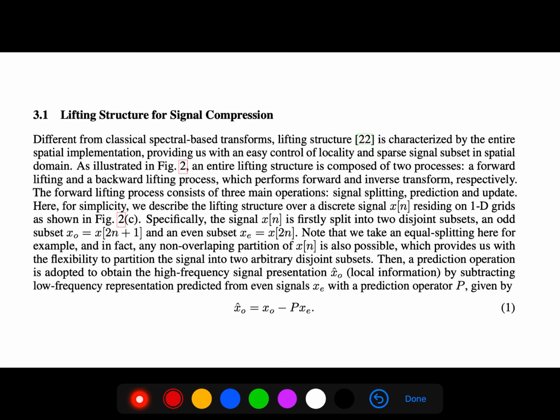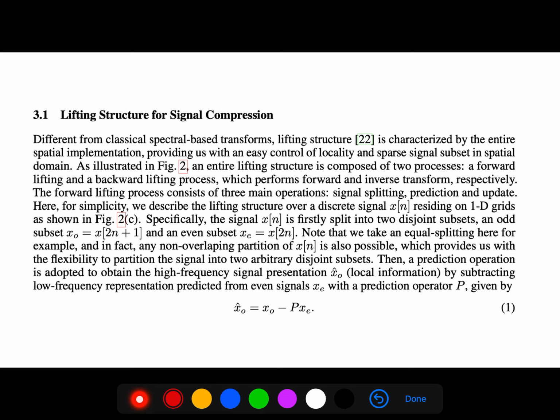Different from classical spectral-based transforms, the lifting structure is characterized by an entirely spatial implementation, providing us with easy control of locality in a sparse signal subset in the spatial domain. An entire lifting structure is composed of two processes, a forward lifting and a backward lifting, which perform forward and inverse transforms. The forward lifting process consists of three main operations: signal splitting, prediction, and update.